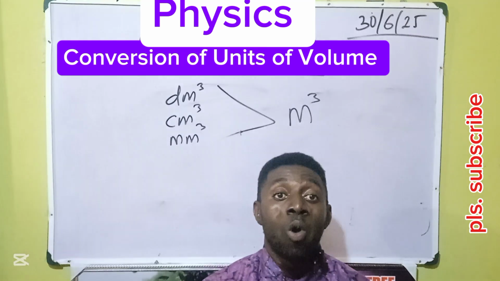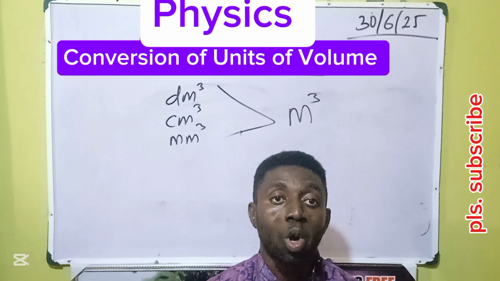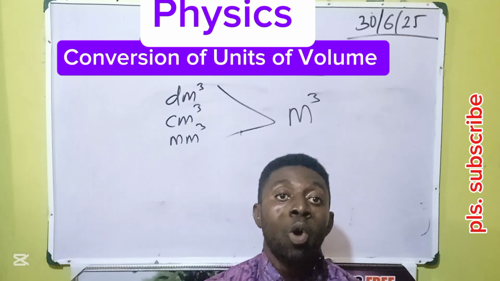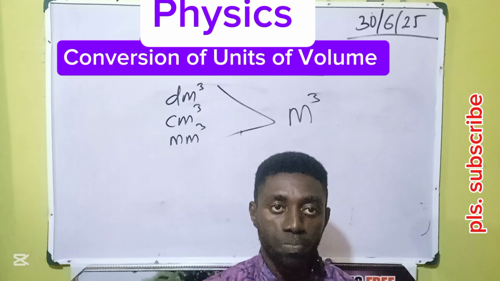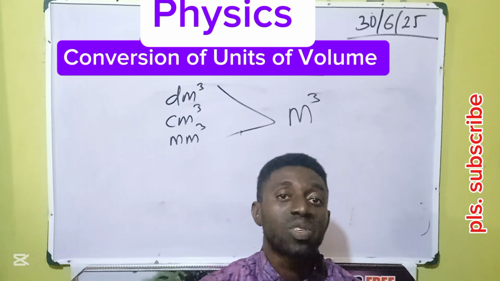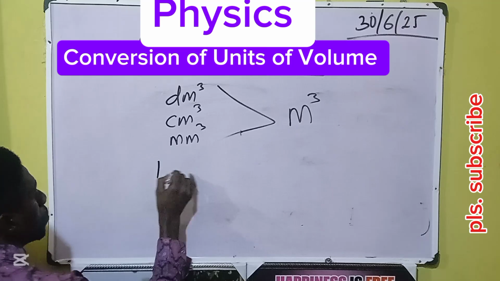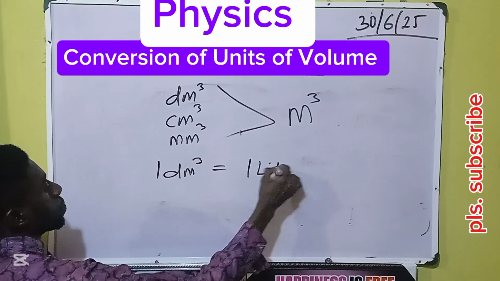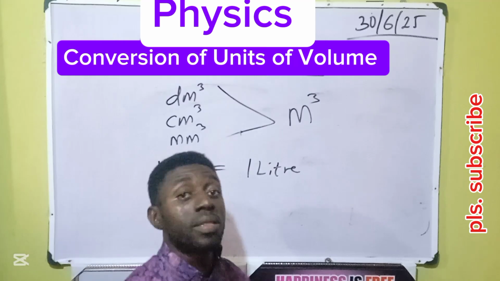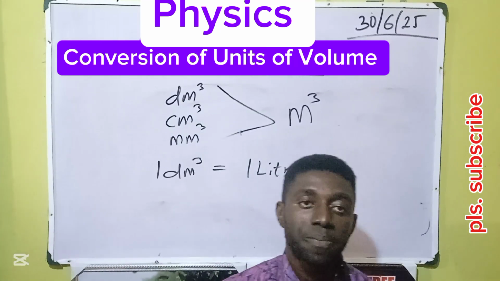Most times, we've heard of the measurement word called liter. 1 liter is synonymous to 1 decimeter cube. What we call 1 liter is 1 decimeter cube. You can see from the board. Liter is synonymous to decimeter cube. Please take note of that.